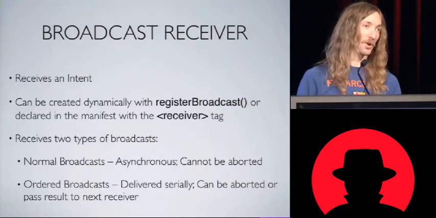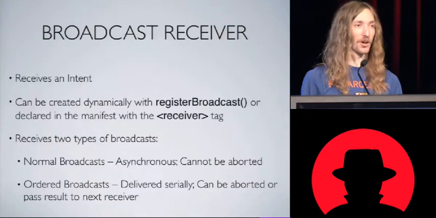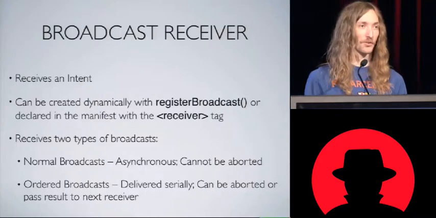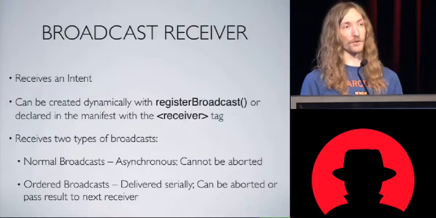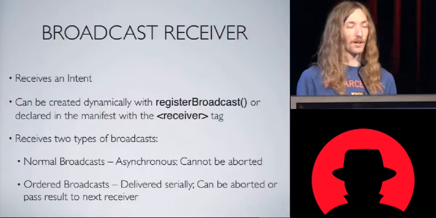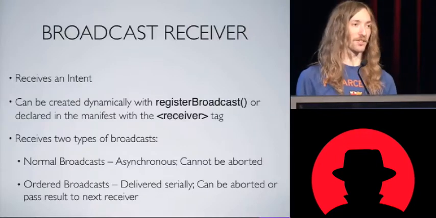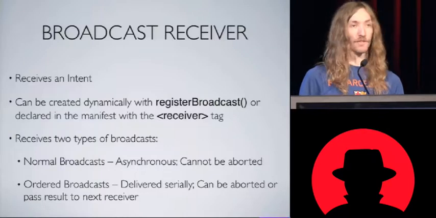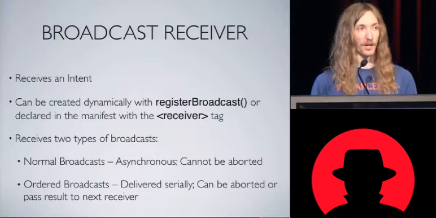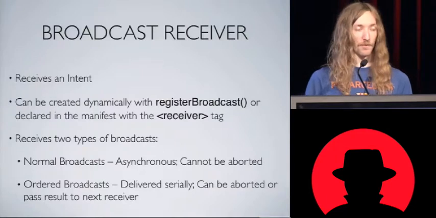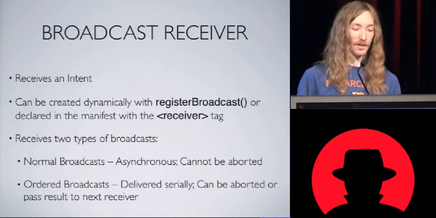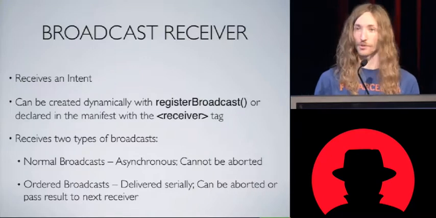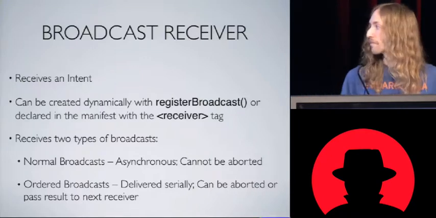This is a broadcast that's sent out sequentially to all the receivers. As it goes down the line, a receiver will receive the result from the previous receiver and do any kind of processing they want on that. They have the option to abort that broadcast, and from that point it won't go any further down the line to any of the other receivers. And also we can pass our own result to the next receiver down the line.